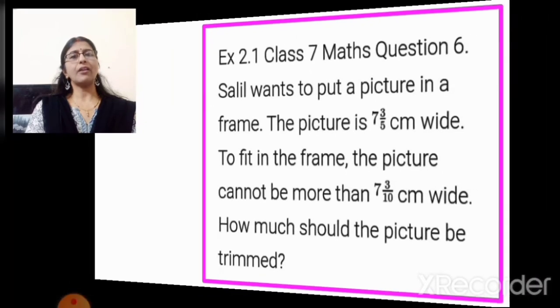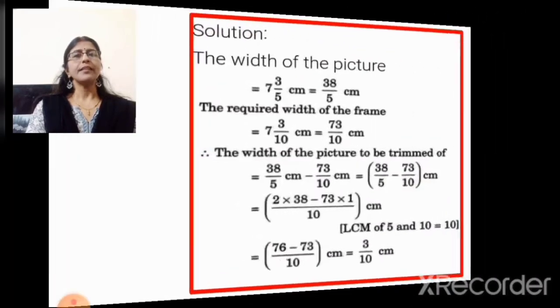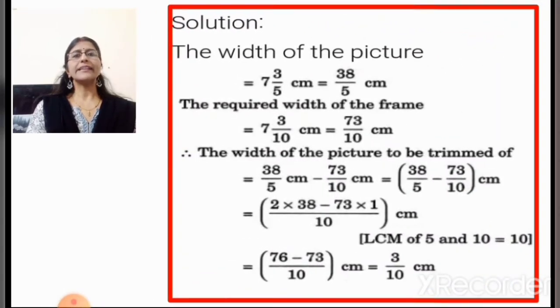So let us see how to solve it. First we will write down the width of the picture, which is 7 3 upon 5. As it is a mixed fraction, we will convert it into an improper fraction. So 7 into 5 plus 3. 7 5s are 35 plus 3 is 38 upon 5 centimeter.